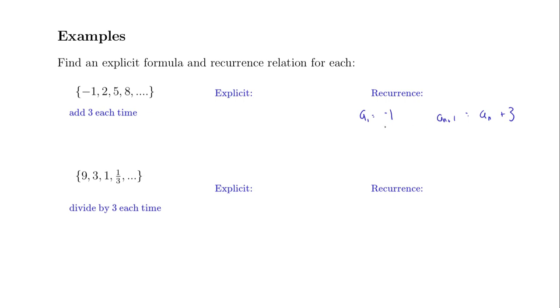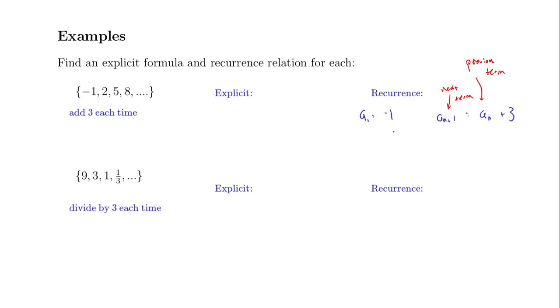Meaning, if you want to find the second term, a sub 2, you take the first term and add 3. And you're going to do that every single time. You're going to take the previous term and just add 3 to it to find the next term.